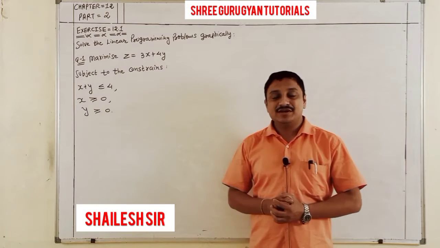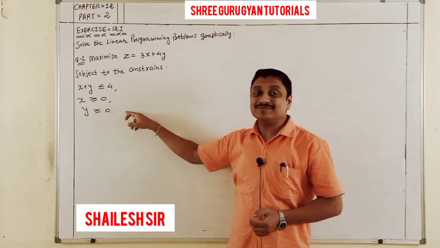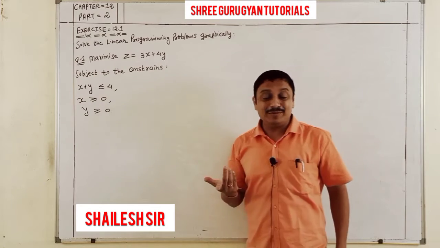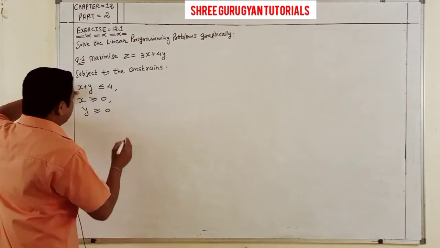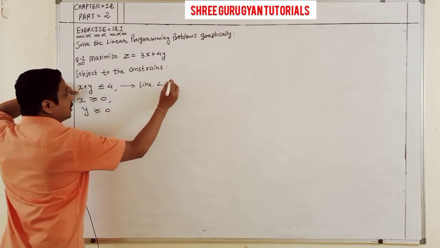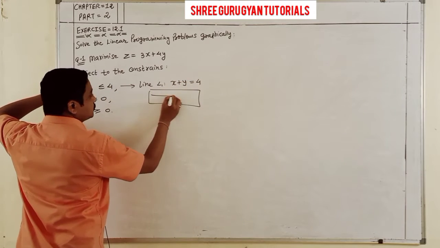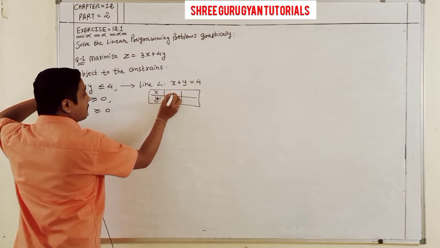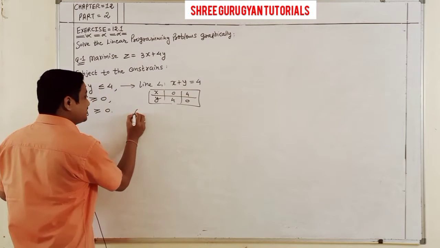Question first. Find the maximum value of z = 3x + 4y, subject to the given LP problem, meaning linear programming. I take first of all line L1, x + y = 4. Converting into a simple table, putting x = 0, y = 4 and y = 0, x = 4, and check with (0, 0).